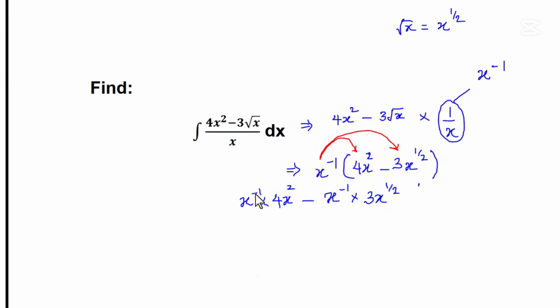So I'm going to add -1 to 2. -1 plus 2 gives us just 1.